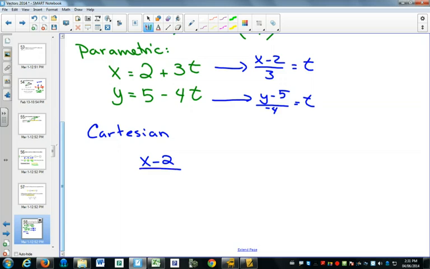X minus 2 over 3 equals y minus 5 over negative 4.